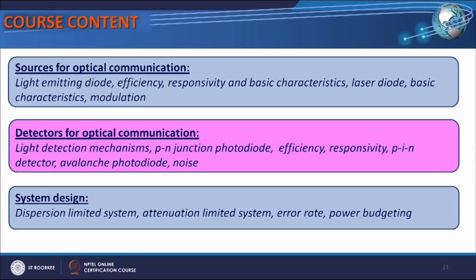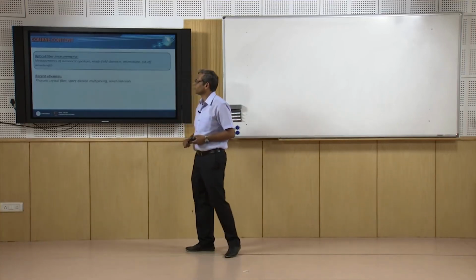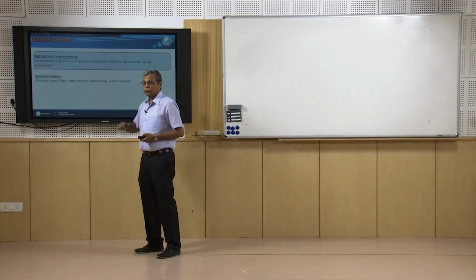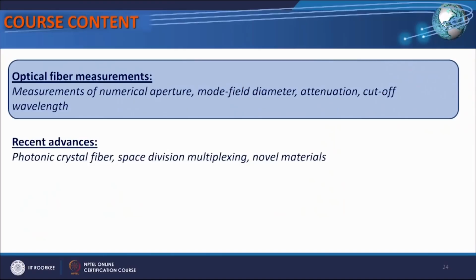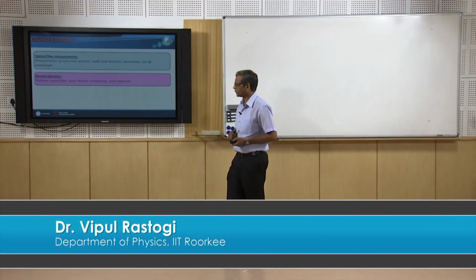What are dispersion limited system, attenuation limited system, power budgeting of the link, all these things we can do. Then we will also learn few techniques of measurements of different properties and parameters of optical fiber, and lastly what are the recent advances in fiber optics.